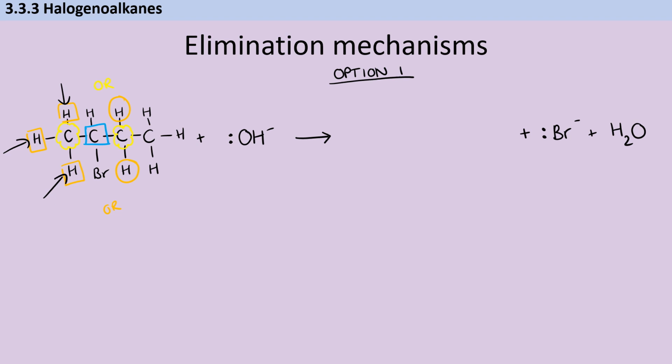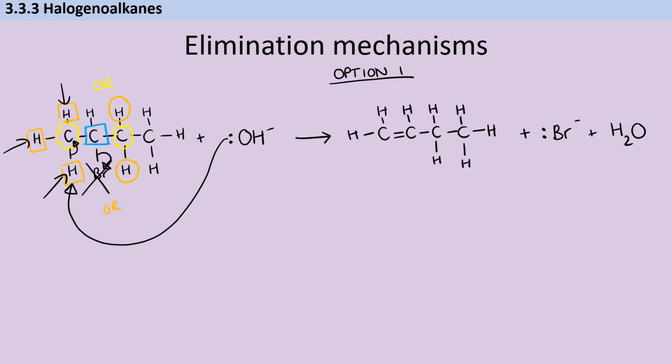So I get my first curly arrow going from the lone pair of the hydroxide ion and attacking one of those hydrogens. Then the electrons in the bond between that hydrogen and the carbon go back to the carbon. And then we're going to lose our bromide ion as our leaving group. And that's going to give us a product that looks something like this.